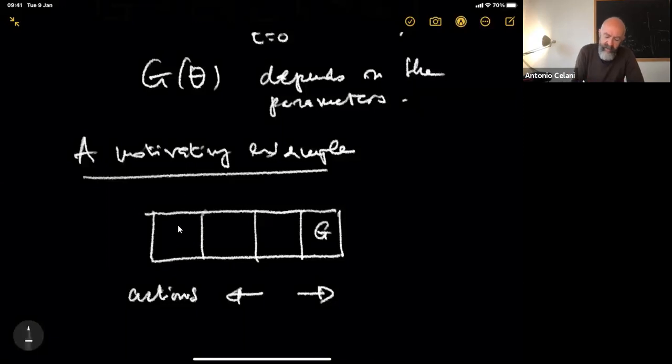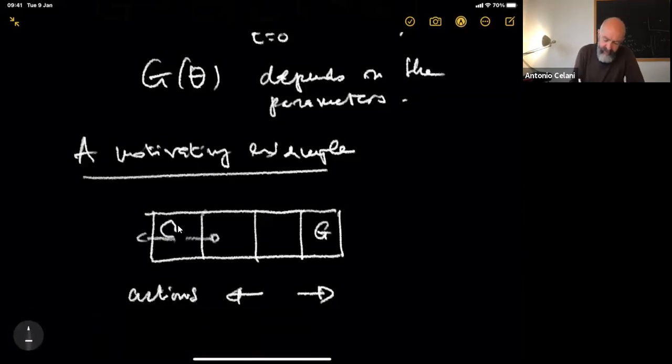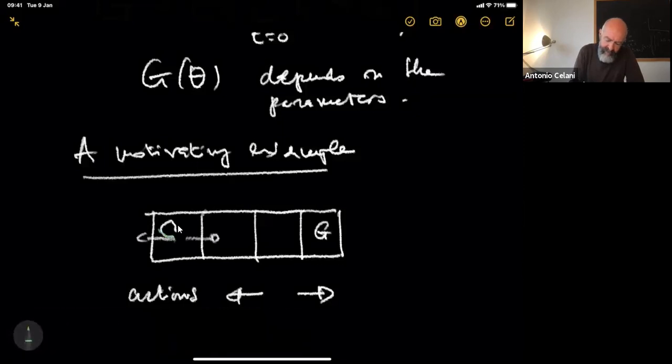So from each state you might want to go in this direction or the other, but in reality, what actually happens is that you stay in place.